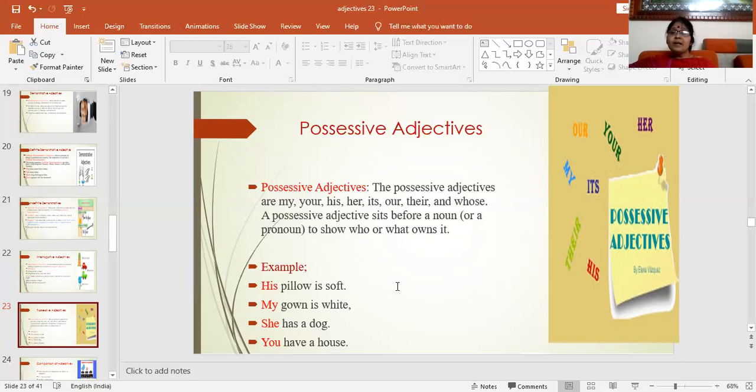For example, his pillow is soft, my gown is white, she has a dog, you have a house, right? They are called possessive adjectives. So what are possessive adjectives? They sit before a noun and show who or what owns it. My gown is white, his pillow is soft, she has a dog, and you have a house, right?